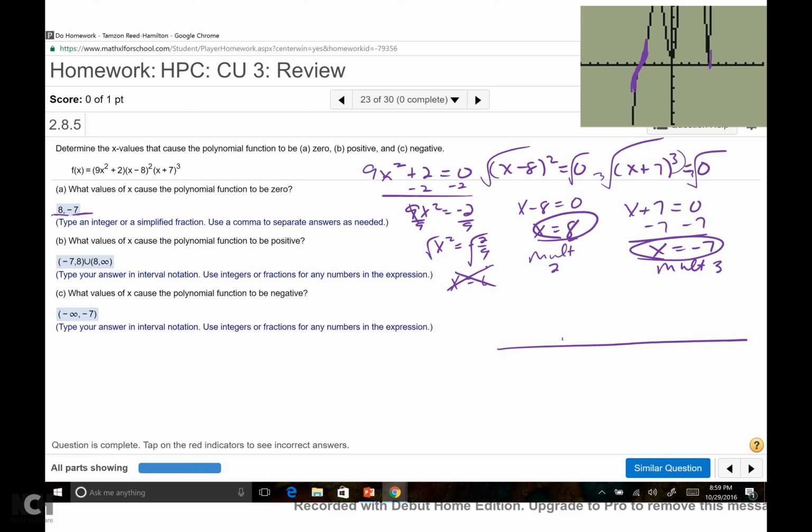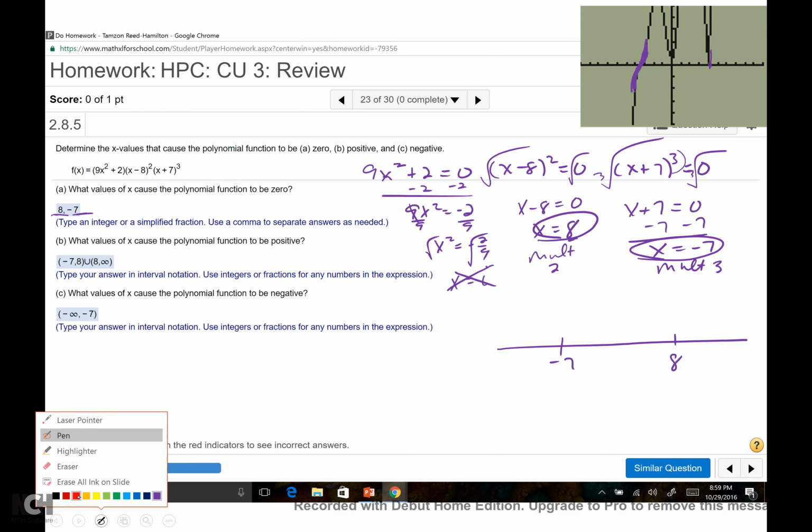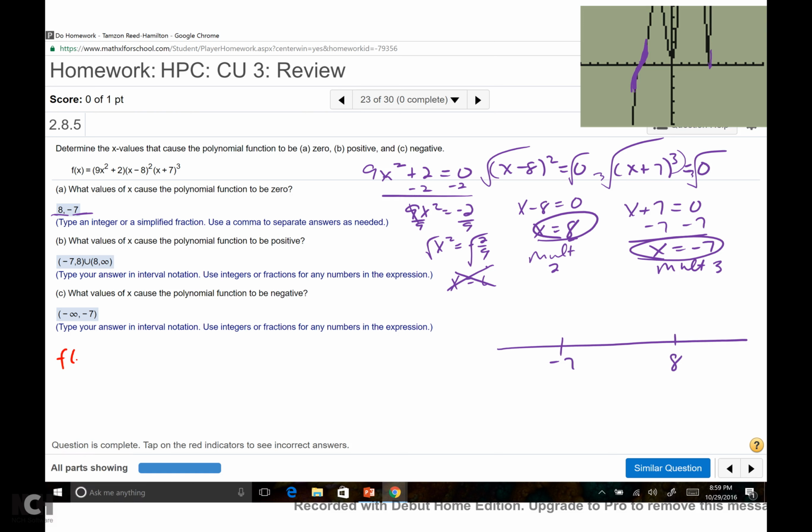Okay, now again, if I plot those, there's my negative 7, there's my positive 8, we're going to test. So I'm going to pick something below negative 7, I'm going to find f of negative 8. So I would have 9 times negative 8 squared plus 2. Oops, I'm putting in negative 7. No, I'm putting in negative 8, my bad.